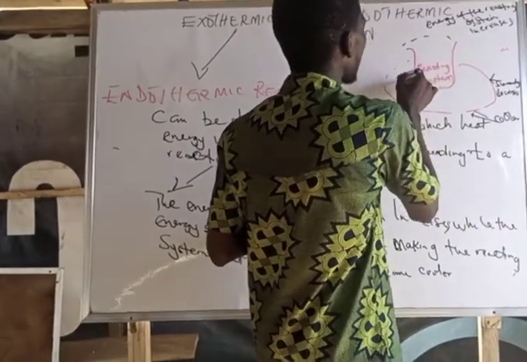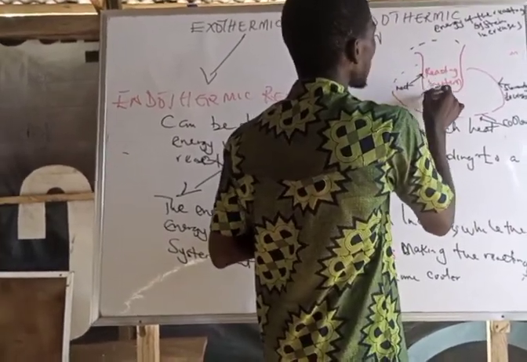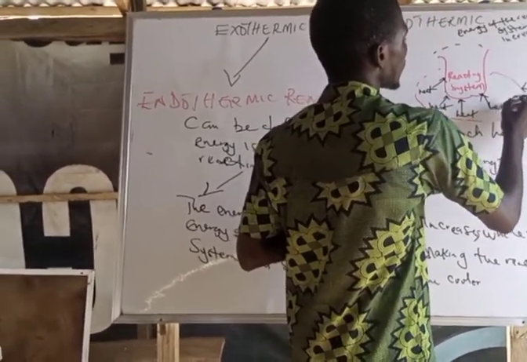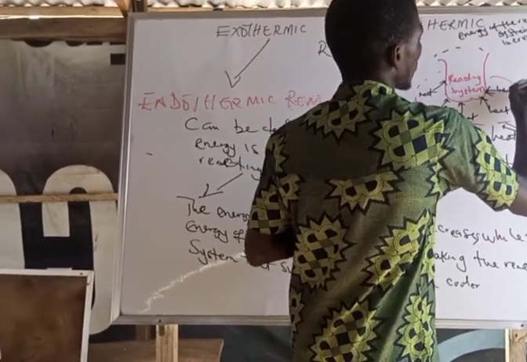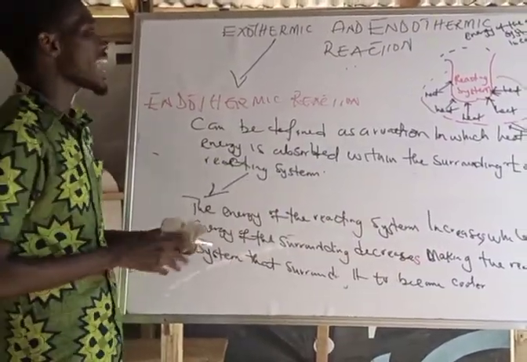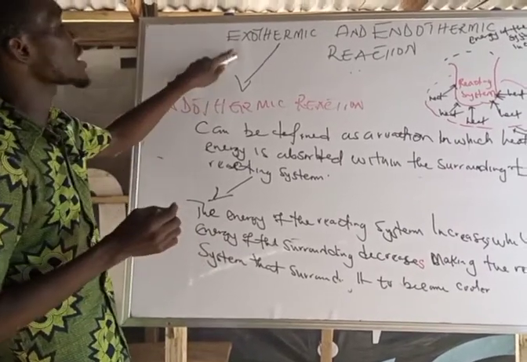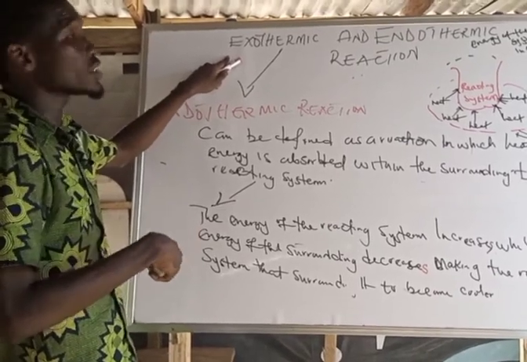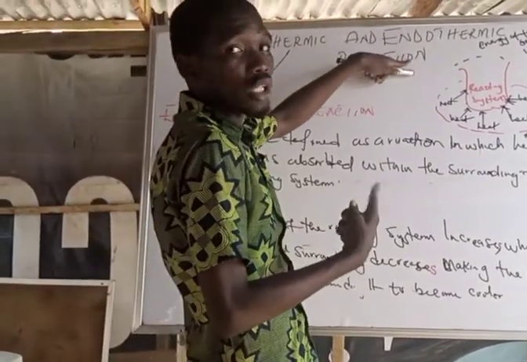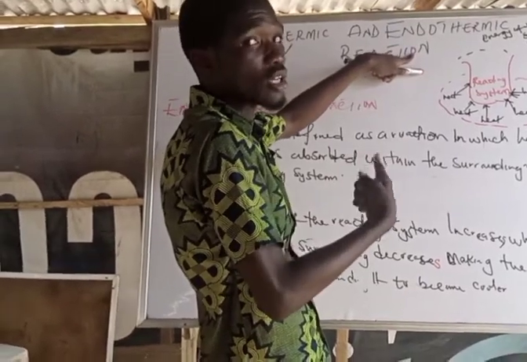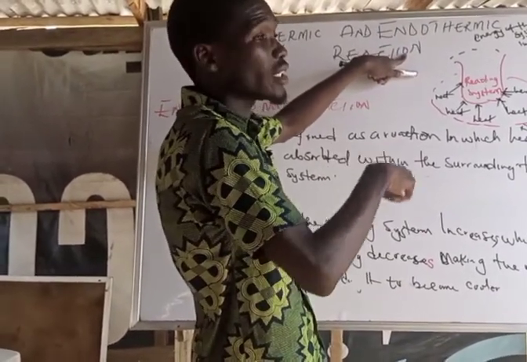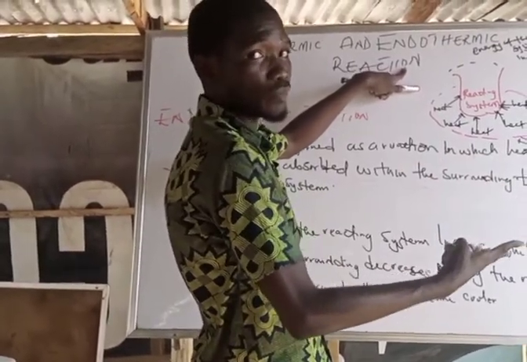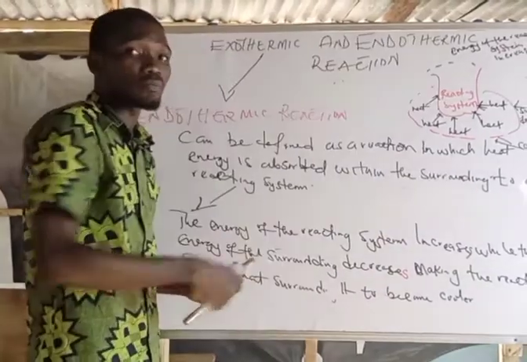Don't forget that here we have our heat, here we have our heat, here we also have our heat. The only difference between exo and endo is that for every exothermic reaction the energy of the system decreases while the energy of the surrounding increases, while for every endo the energy of the reacting system increases while the energy of the surrounding decreases, making that particular surrounding become what? Cooler. You can try this in the lab to confirm it.